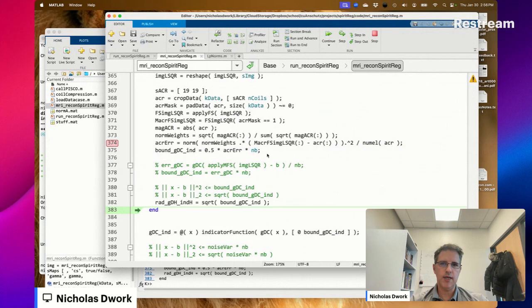This is now a weighted average. Oh, it's the sum of these weights squared that should be 1.